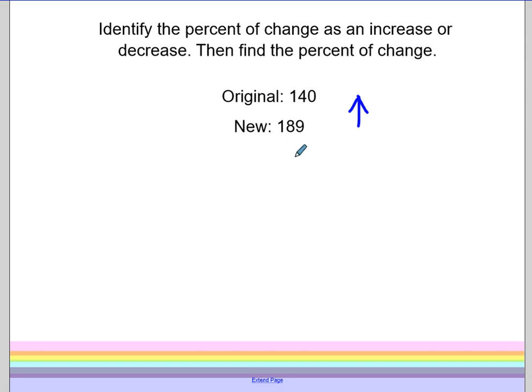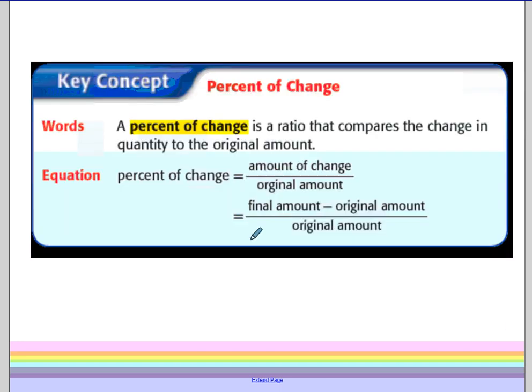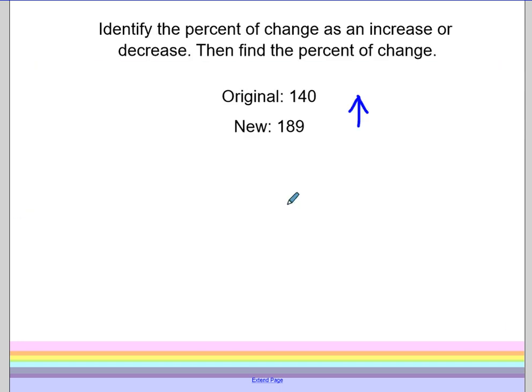Okay, now I'm going to solve it the same way it showed me here. I'm going to take my final amount and subtract my original amount. I'm going to do 189 minus 140. And I'm going to divide that by my original amount, which in this case is 140. So 189 minus 140 is 49.